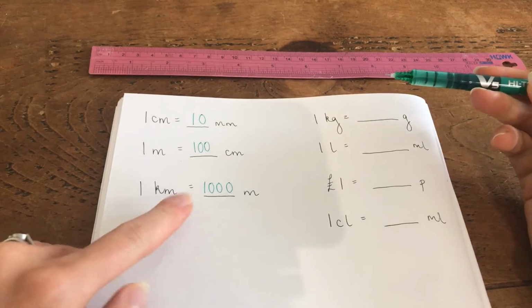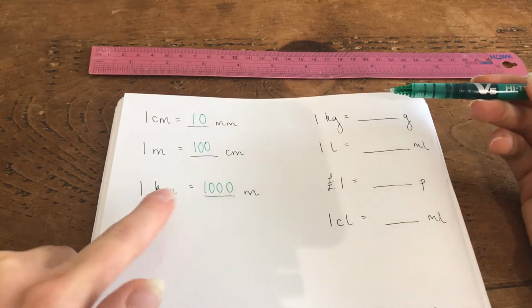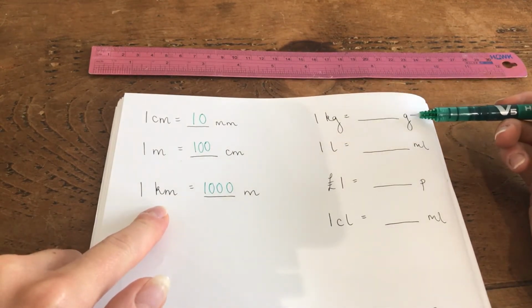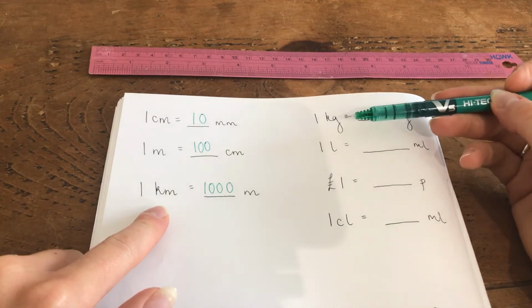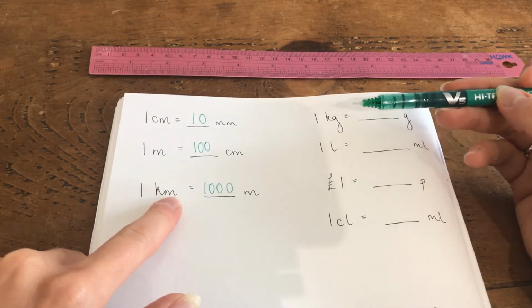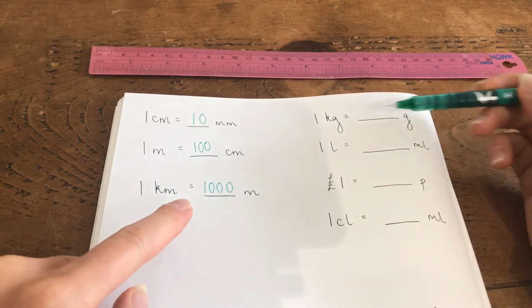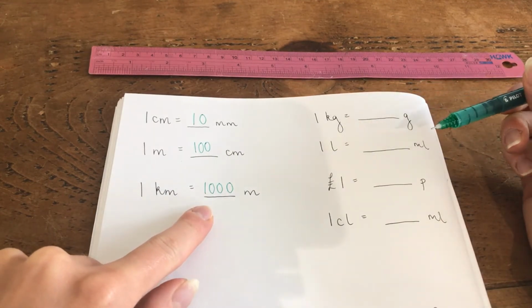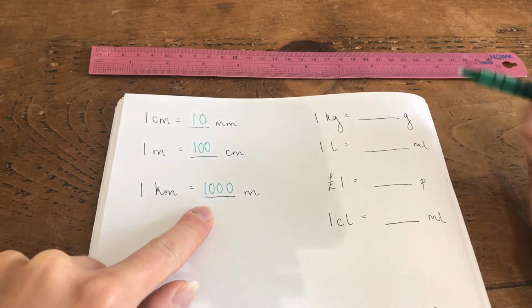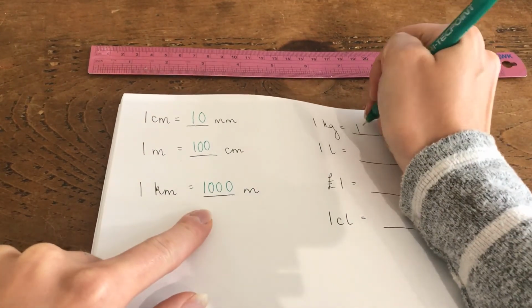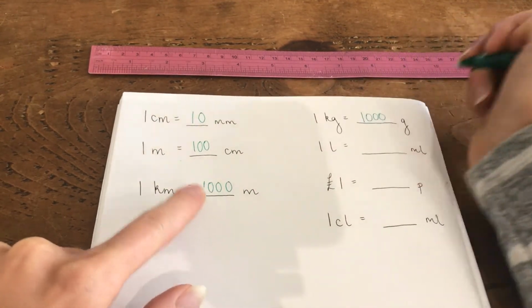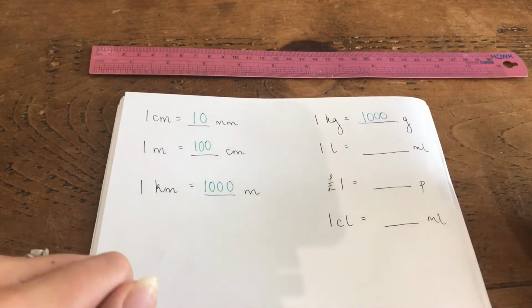If we know that there are 1,000 metres in a kilometre, how many grams in a kilogram? We've got kilometre and kilogram here, very similar. Use this answer to help you. It is 1,000 again. How many millilitres in a litre?